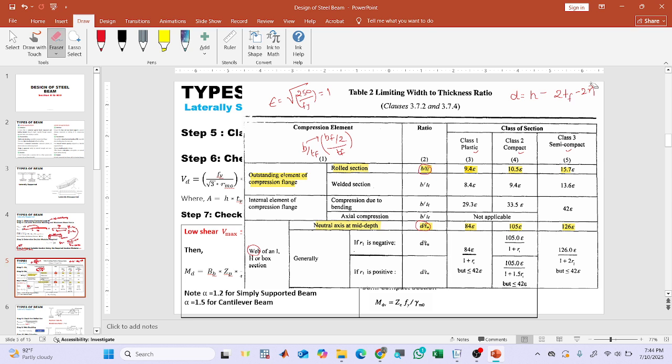So H minus 2 tf minus 2 R1. After that, if this is less than 84 epsilon, where epsilon is 1, then it is plastic. Less than 105, it is compact, and 126 is semi-compact.